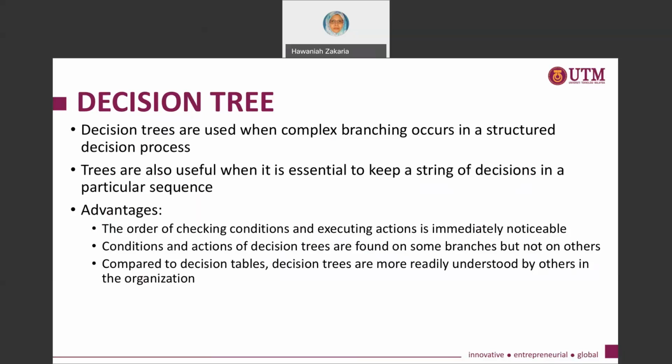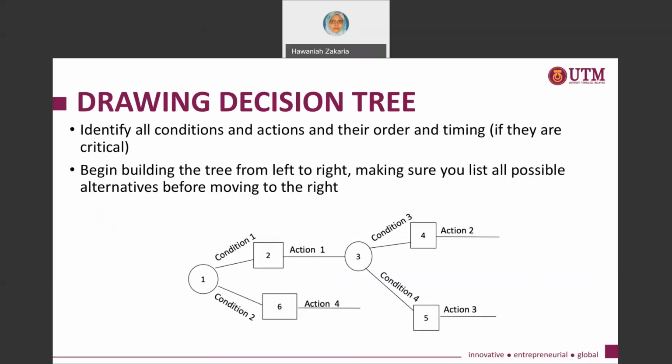So how would a decision tree look? This is an example of a decision tree. We have nodes that reflect actions, and we have nodes that are circles. The circle on this diagram represents the node of conditions.